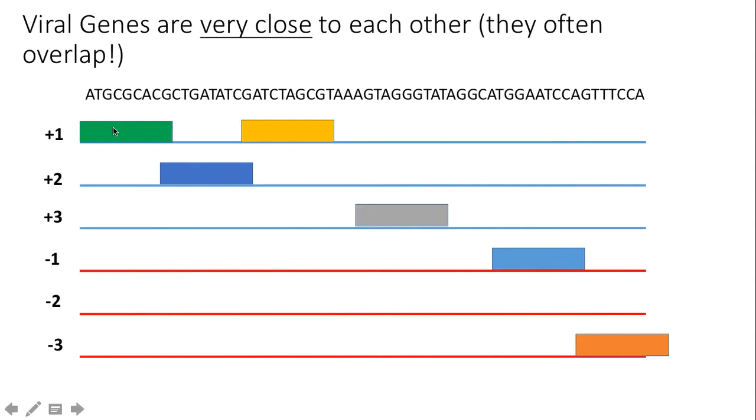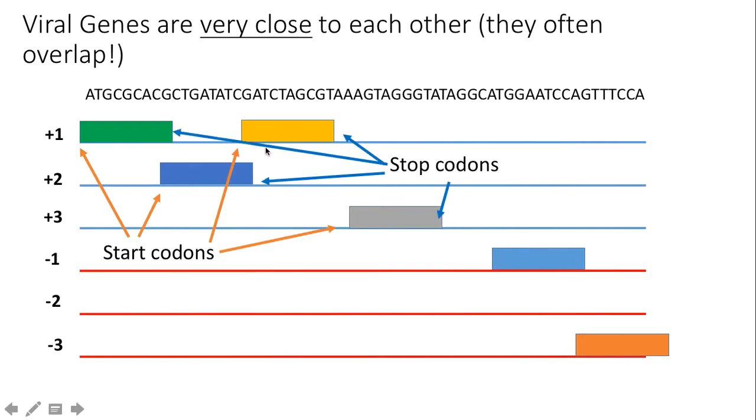So when we look at this in the frames window, it's like this, right? And each of these is going to begin with a start codon, and that's what we've been annotating. And I'm just going to focus on these 4 right here. And each of them ends with a stop codon. So this has a start and a stop, this has a start and a stop, a start and a stop, and a start and a stop.